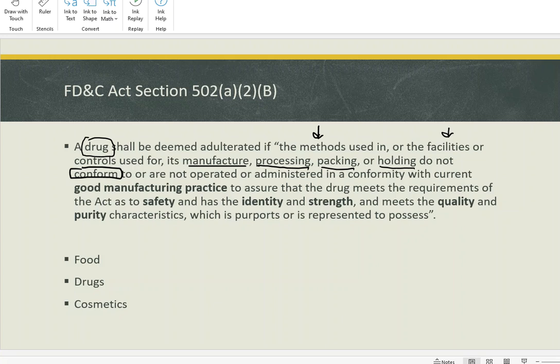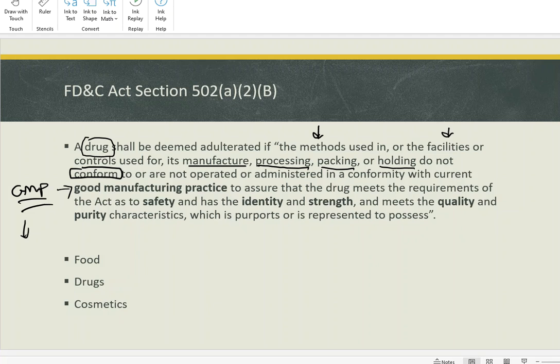do not conform to or are not operated or administered in conformity with current good manufacturing practices to ensure that the drug meets the requirements of the Act. Right? So this is the GMP piece that we're focused on first. And that GMP, good manufacturing practices.